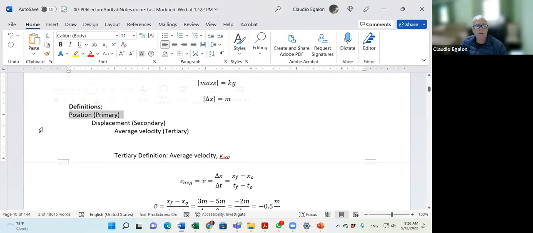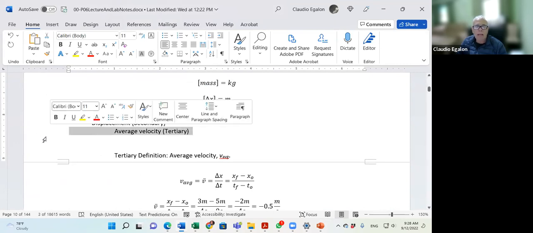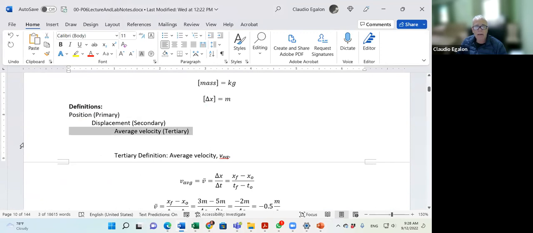The primary definition of position, the secondary definition of displacement. And now we're going to talk about another definition, a tertiary definition: the definition of average velocity. And how do we define average velocity?